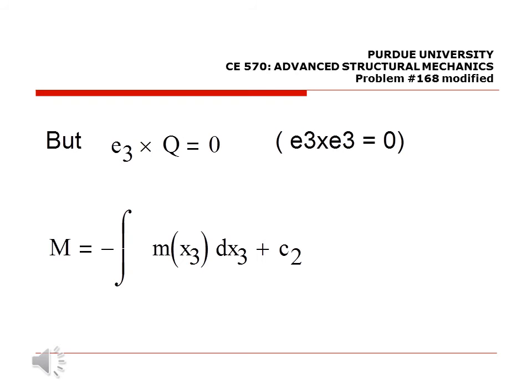From the expression of Q that we found in part 3, E3 cross Q equals 0 because E3 cross E3 equals 0. Therefore, the expression of M equals minus the integral of Mx on dx3 plus the constant C2.